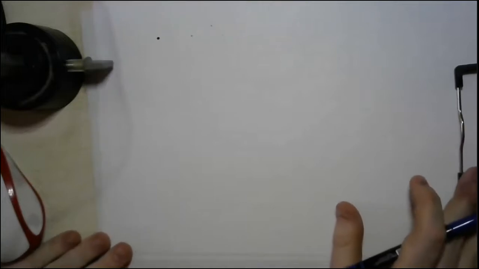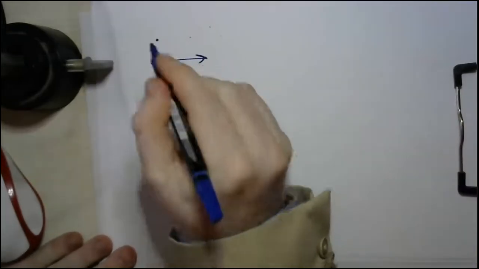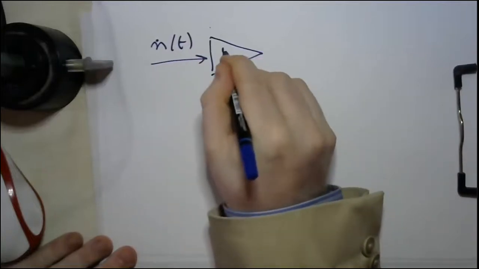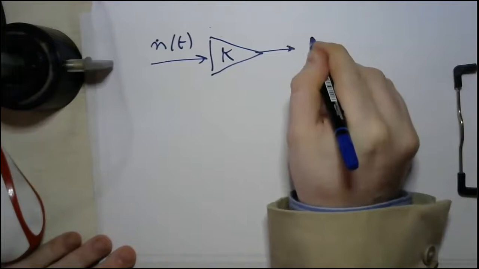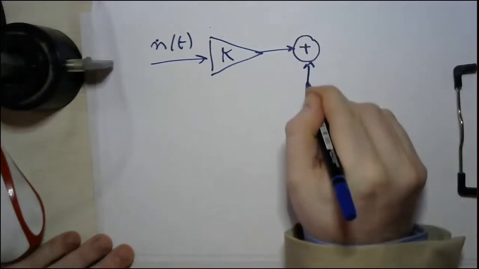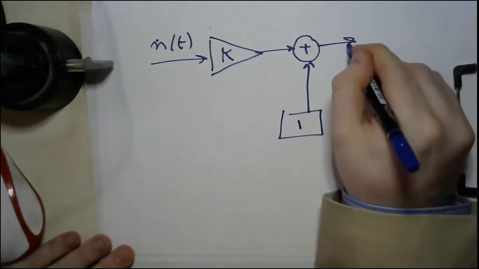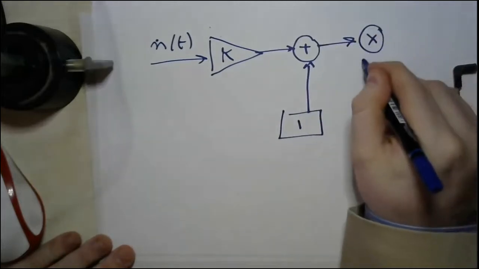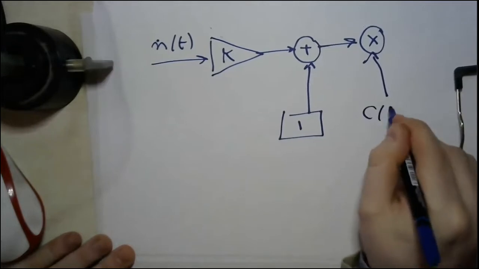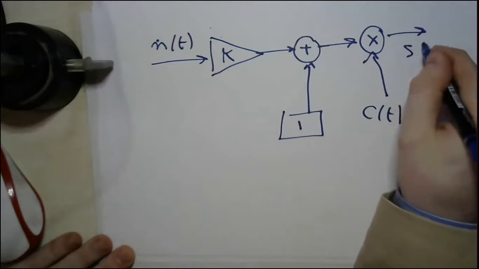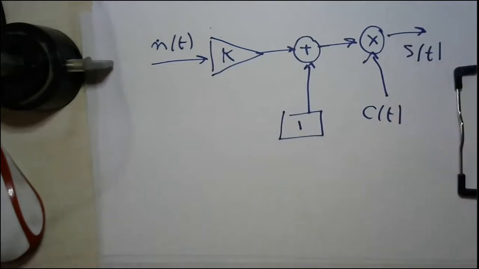I'm sorry, I lost my concentration for a while. So we have the message m(t), which is multiplied by a gain. Then we have an adder with 1 as a DC constant value. After that, we have our mixer with c(t), and then we have this s(t). So this is simply the modified block.